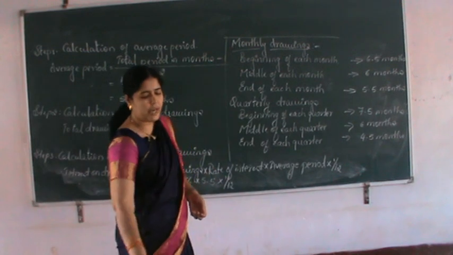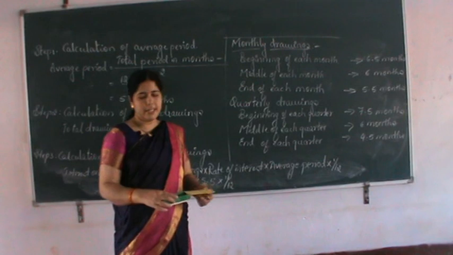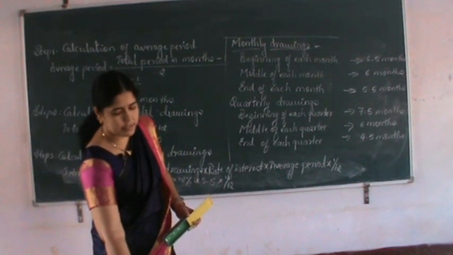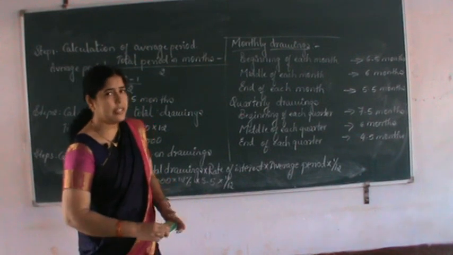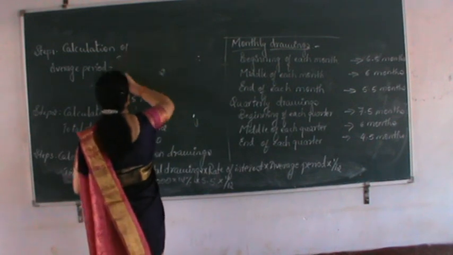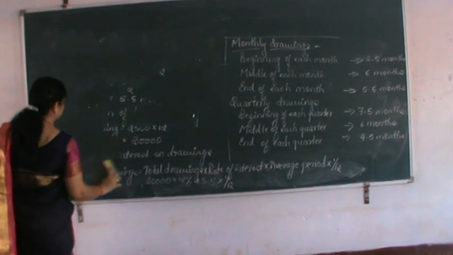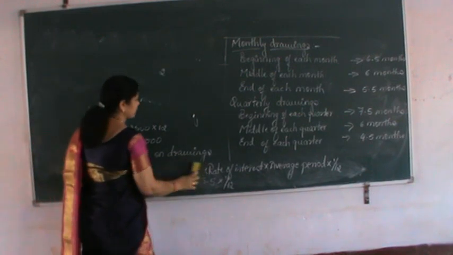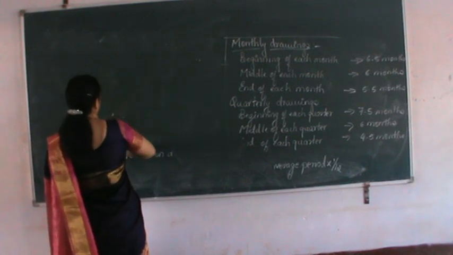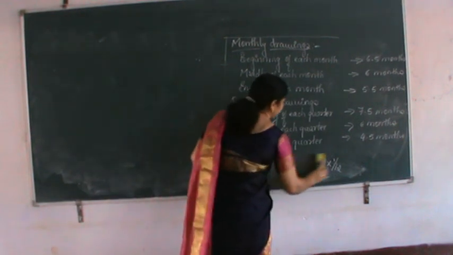So this is how we have to calculate the interest under the average period method, that too, if the drawings are taken of the same amount and at the same time interval. Let us see the next situation or next case. Hope you have noted this.